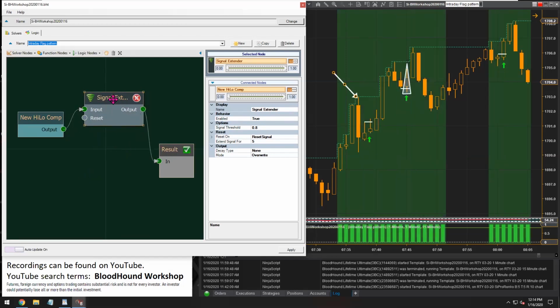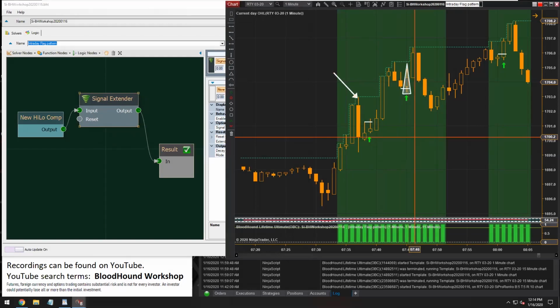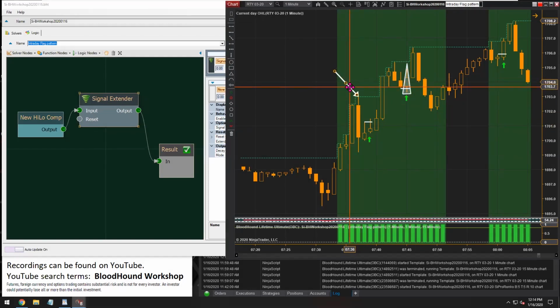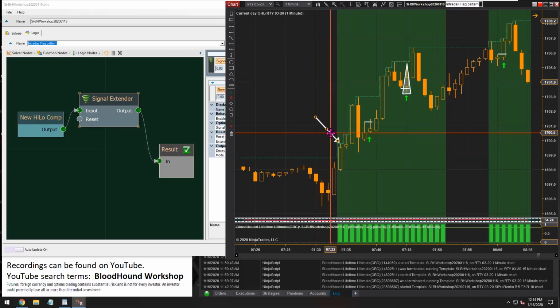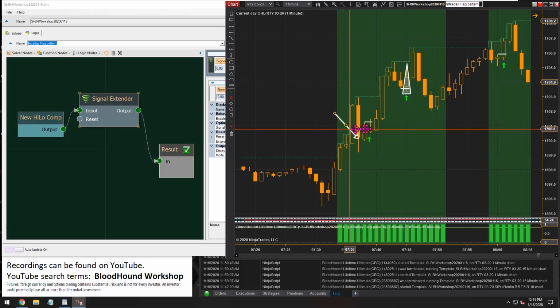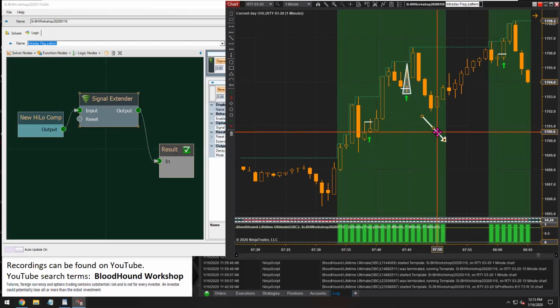So we're extending this out by 5 bars. When we get a new high, we're extending that long signal out 5 bars. Looking at this now, from the beginning of this new high, we just have this solid swath of continuous long signals.